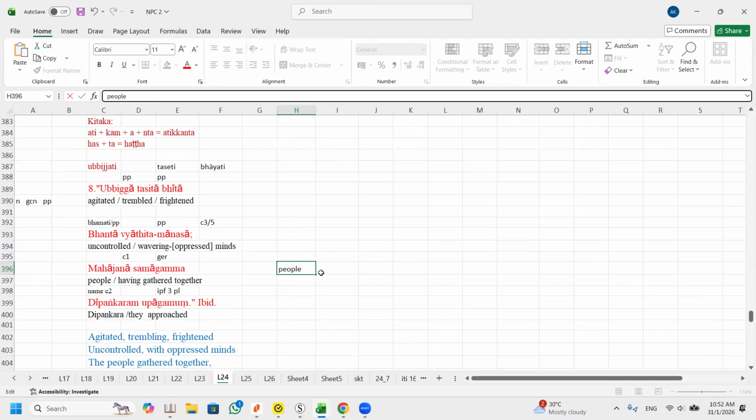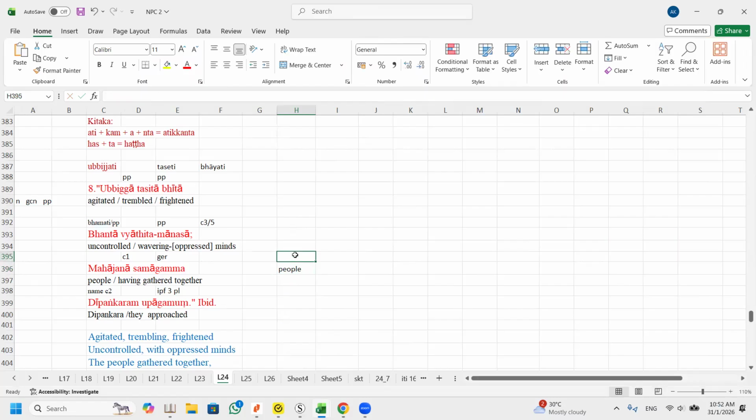So this will be our subject. What we need to do is look for a verb. A PPP is also a verb. Present participle is also a verb. AOR, whatever, that means all the verbs, AOR, imperative, gerund, all of this is a verb. So our approach is subject and verb.